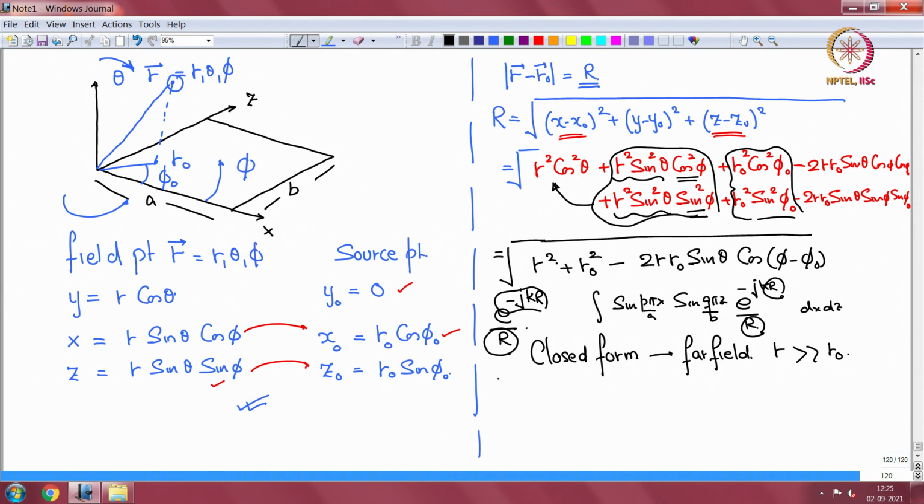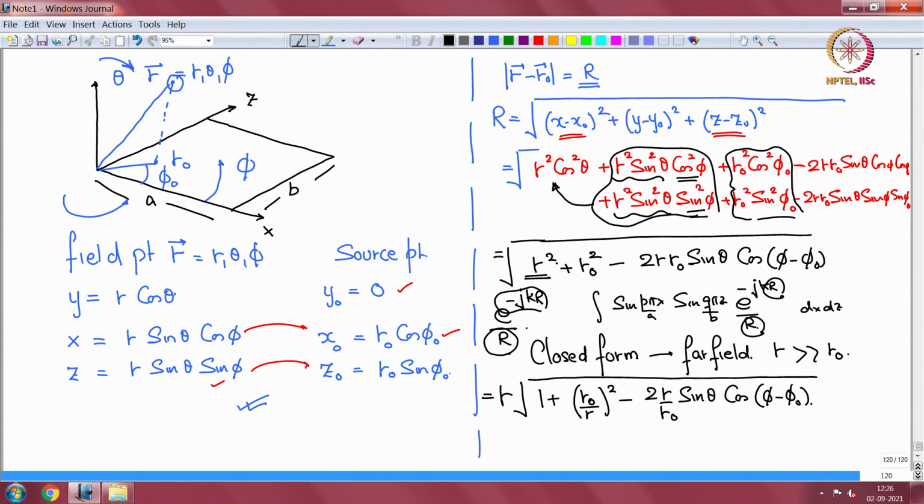If we do that, we take r square outside, so it becomes r, and inside it becomes 1 plus r0 by r whole squared minus twice r0 by r sin theta cos of phi minus phi 0.